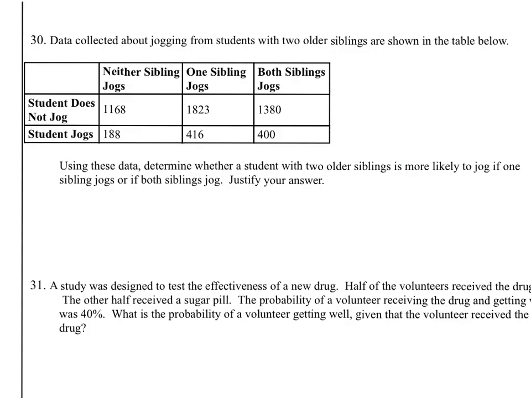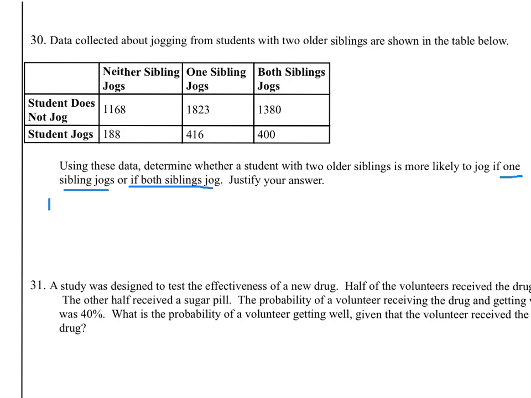This question is tricky because you really have to read it through very, very carefully. So please, if you did not do so, then just make sure that you take a few minutes and stop me and read it. So basically what this is asking is a person more likely to jog if they have one sibling jogging or if both siblings jog? So you're kind of comparing one thing versus another.